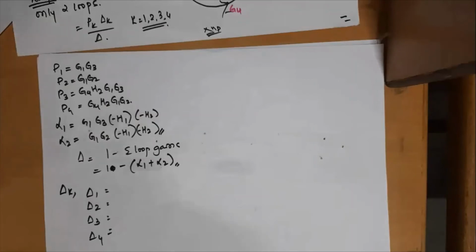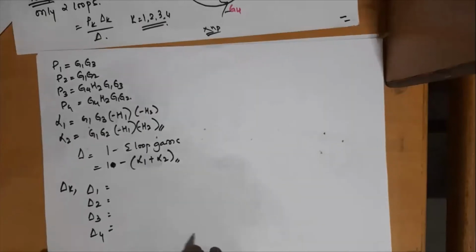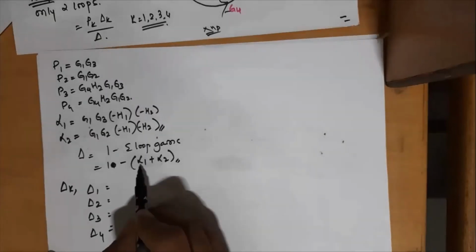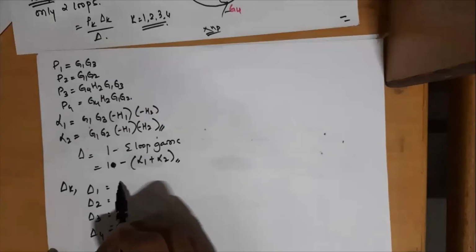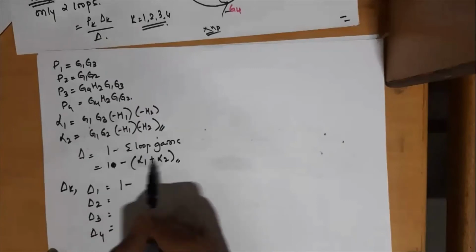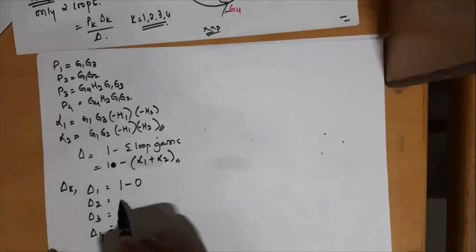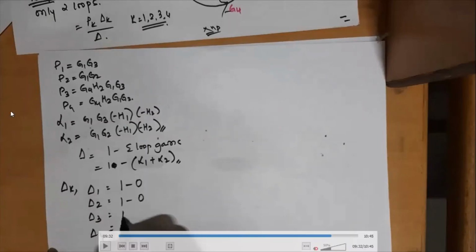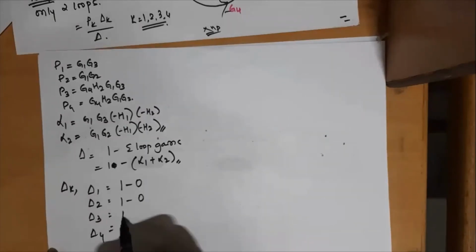Similarly, can you try for delta 2? Anyone try for delta 2? I'll give some time, just a quick calculation. For delta 2, look at the second forward path in the diagram.